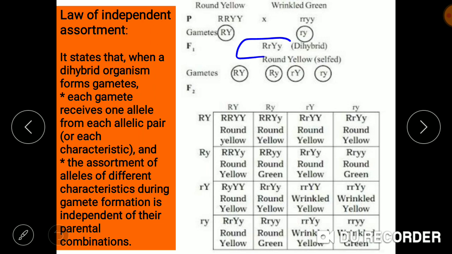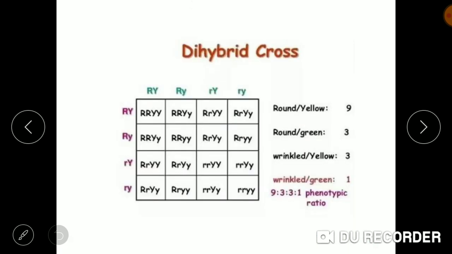The parent was round and yellow. That too, the hybrid variety, the heterozygous hybrid round and yellow variety, was there.